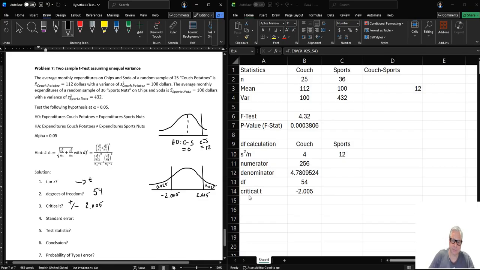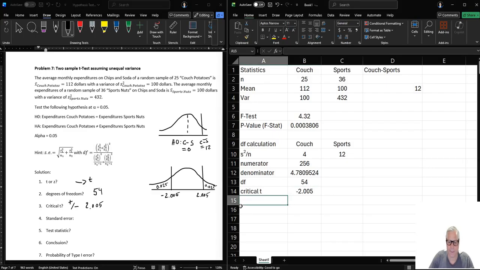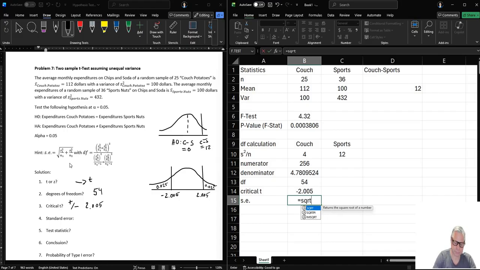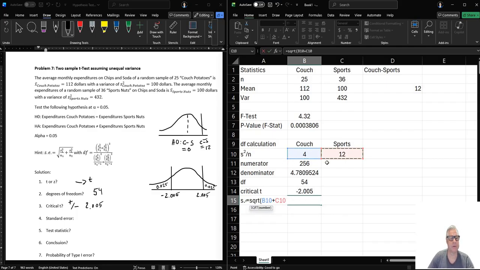Okay, so now what's the standard error? That's relatively easy. So the standard error, I can put it here, SE equals the square root, open parentheses, of the 4 plus the 12.